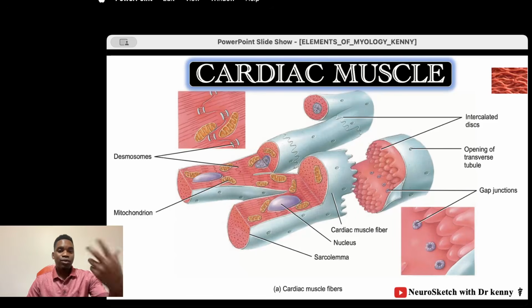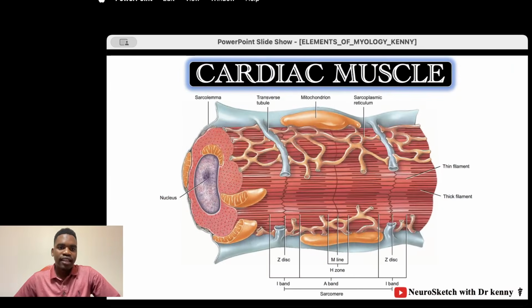Also, unlike the skeletal muscle, the cardiac muscle has numerous mitochondria, and they're even bigger than the mitochondria in the skeletal muscle fiber.